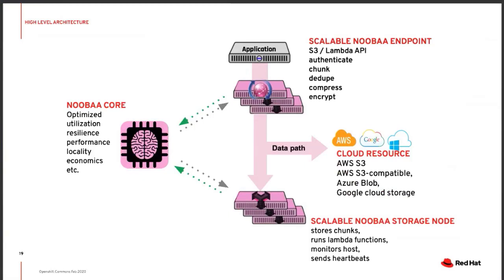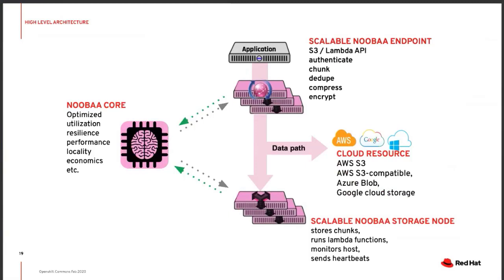What does it do? It authenticates against the application before you can enter it. It chunks the data, so it actually cuts up the data in multiple chunks. Then it does deduplication, and dedupe actually means that it gets rid of all the doubles. So suppose you have a lot of similar data that has similar content, then it will store only the unique stuff.